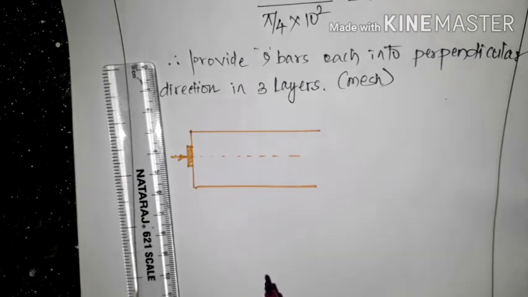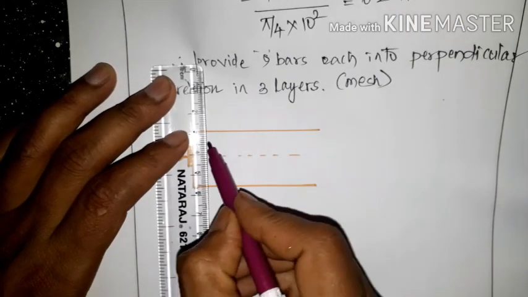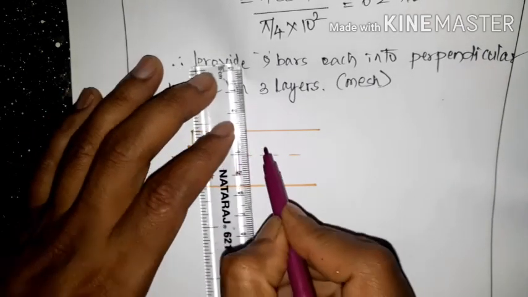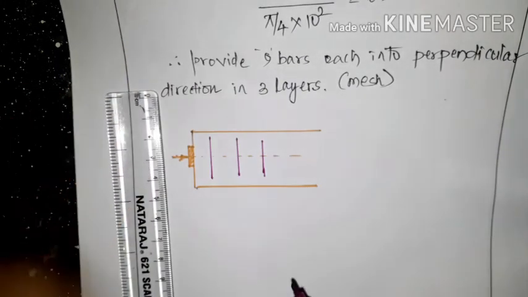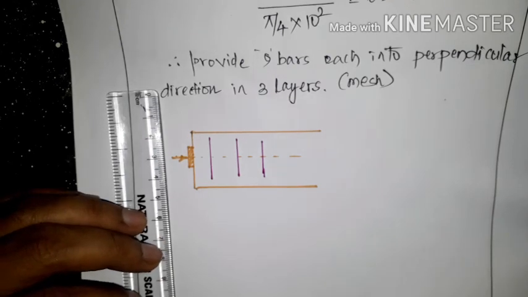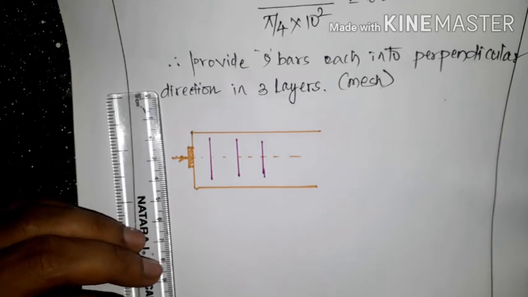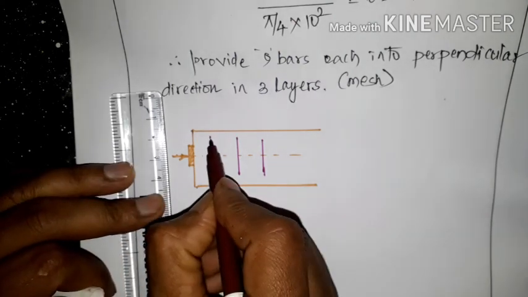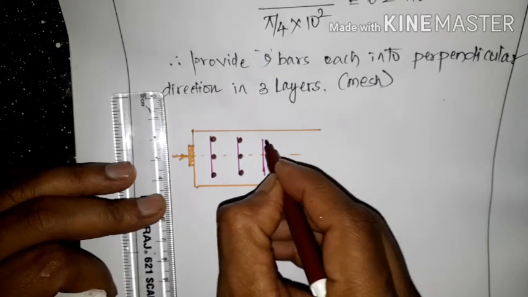I have got 9 bars, so 3, 3, 3 like that. First of all, the vertical bars, 1, 2, 3, but total bars are 9 in vertical direction, and again 9 bars in horizontal direction. Wait a minute, I'll show you. So again here it is 1, 2, 3, 1, 2, 3, 1, 2, 3.